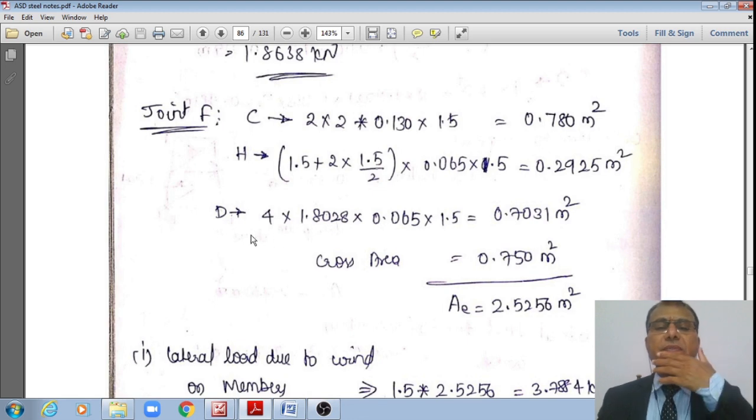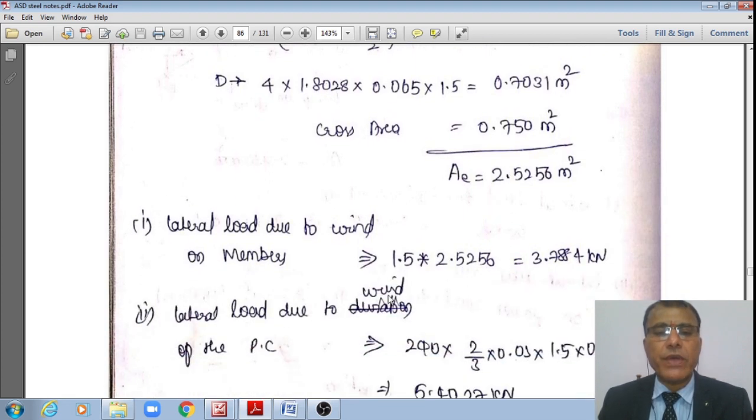The diagonals: there are 4 diagonals, each of 1.8028, size 65 mm, multiplied by 1.5, it works out to 0.7031 meter square. The cross arm area, assumed from experience, is 0.75 meter square. Therefore, the summation of all these 4 works out to 2.5256 meter square.